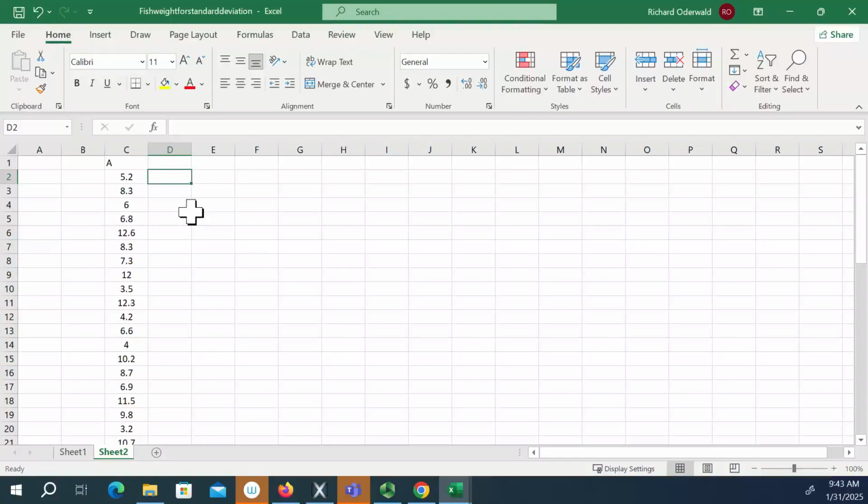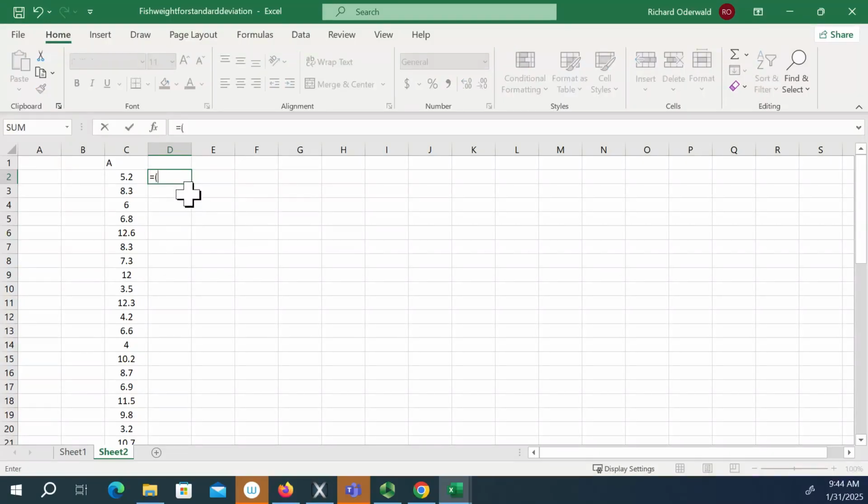Each of these now, I want to take the observation and subtract the average, and then divide it by standard deviation, equals, paren, the 5.2 minus 7.7. And then I want to divide that by 2.7.